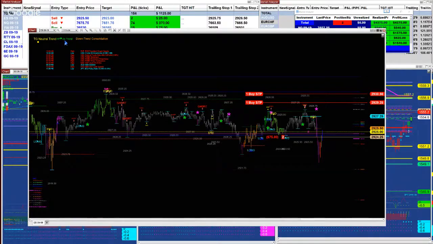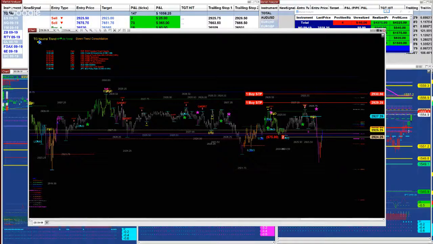So you're no longer... you don't need to use another chart for a high time frame. When this one here is neutral and the high time frame is up, then we have another measurement on your price action telling you if there is an uptrend or a downtrend.